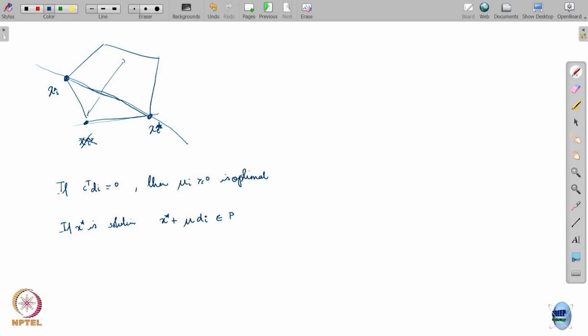So I can keep going along d_i from x star and remain in P. So x star plus mu d_i is in P, and what is the objective at x star plus mu d_i? Well, the objective is c transpose (x star plus mu d_i), which is equal to c transpose x star plus mu times c transpose d_i. And what is c transpose d_i?